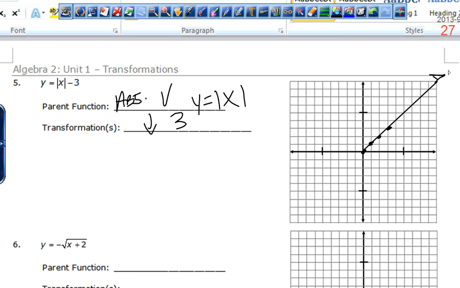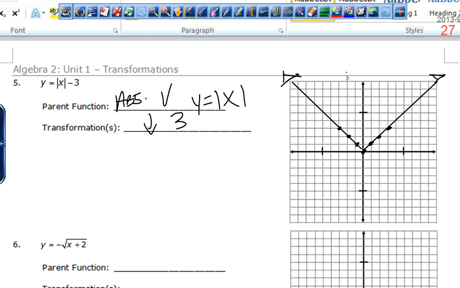Any negatives should turn positive. So absolute value of -1 is 1. Absolute value of -2 is 2, and so on and so on. So it mirrors itself. It's kind of symmetrical.